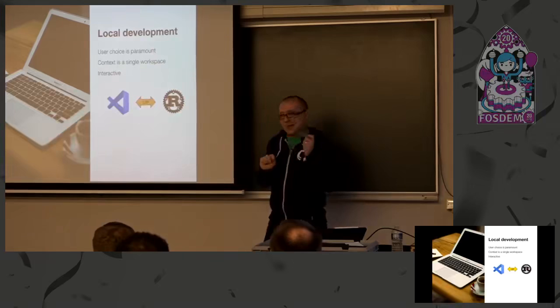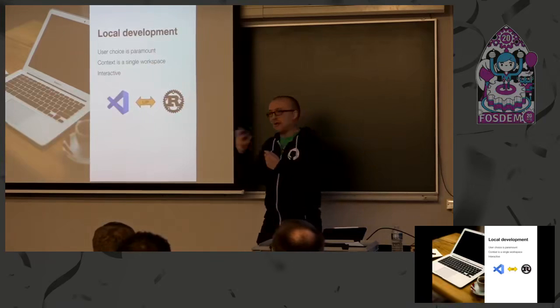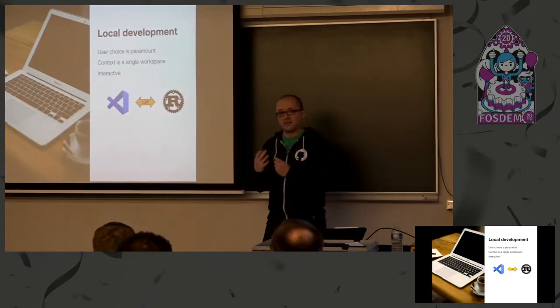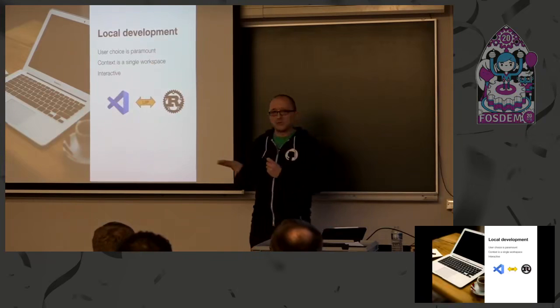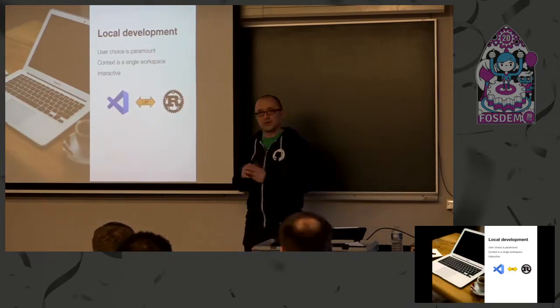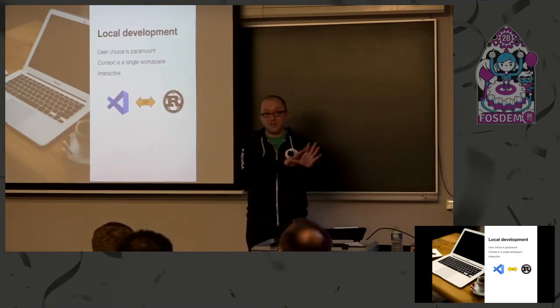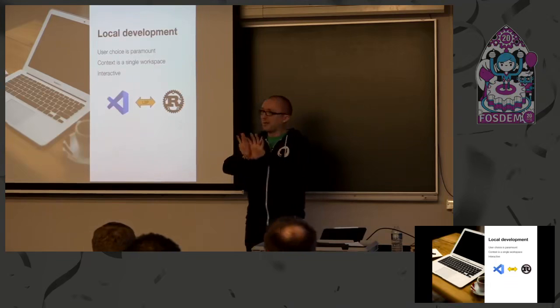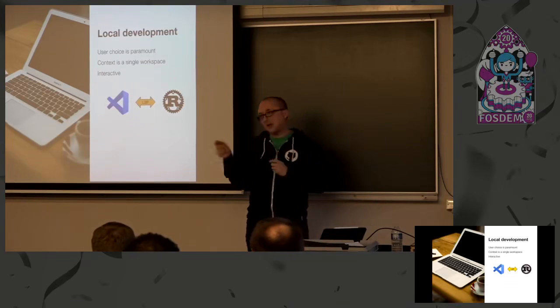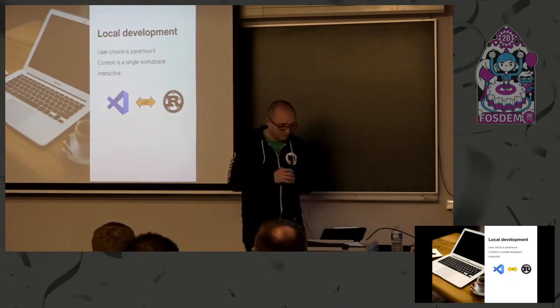So if any editor supports the LSP protocol, it can consume CodeNav data from the language tooling for any programming language that supports the language server protocol, and vice versa. It's a really good solution to this M by N problem because that abstraction barrier turns it into an M plus N problem. And that's great. We love that.